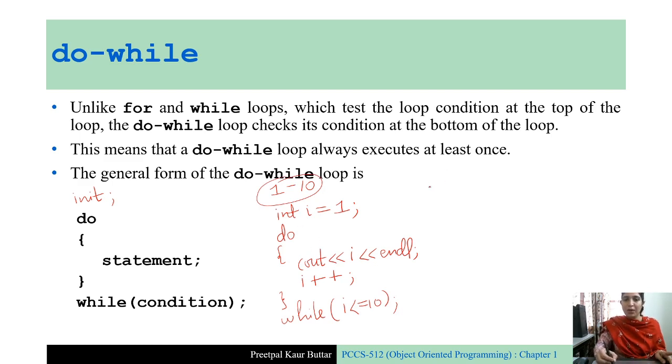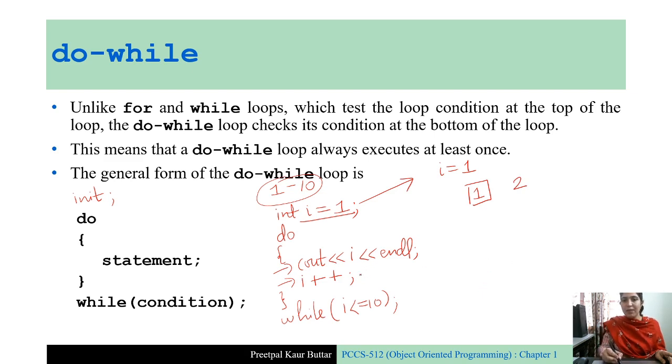So this is how the same program to print the numbers from 1 to 10 can be written using the do while loop. Let us unfold how this program is being executed. Initially the value of i is 1, which we have initialized here. Then we have do. Inside do we have two statements, and without checking any condition, these two statements will be executed. The first statement prints the value of i, so 1 will be printed, and then i plus plus, i will become 2.